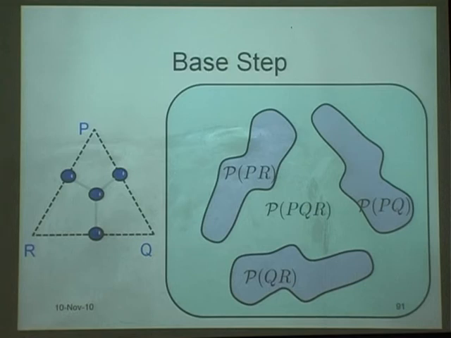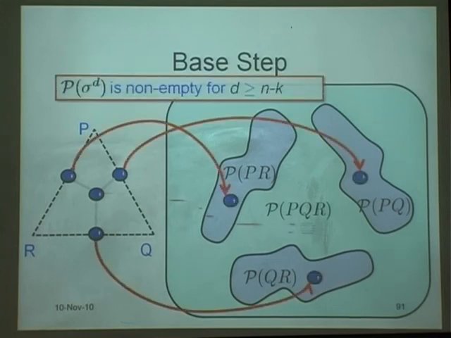So the base step, we'll start out on the 0 skeleton here, which are just the vertices. And we'll say, well, this vertex represents P and R running together. So we'll map it into the protocol complex of P and R, and we know this is non-empty because that's our hypothesis. Remember, our hypothesis said we are K-connected at the top, and then when we get down to K failures, we're non-empty.